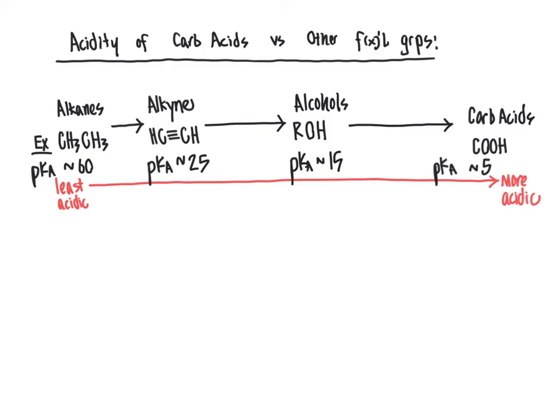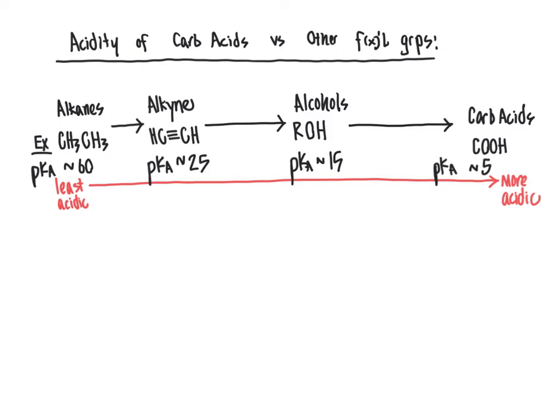So it's not nearly as acidic as a carboxylic acid, and not nearly as readily capable of losing this proton, but much more capable of losing a proton than an alkyne or an alkane. When we lose a proton from an alcohol, that places a negative formal charge on an oxygen atom, which is much more electronegative and therefore better able to handle that negative charge than a carbon atom.